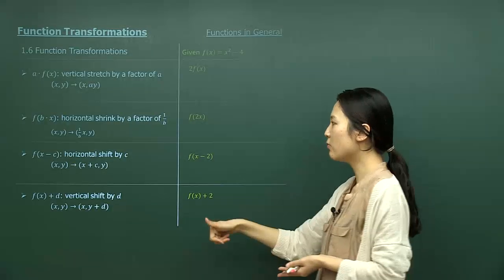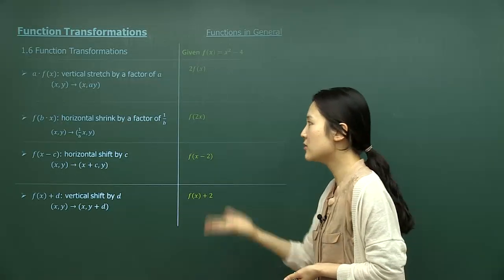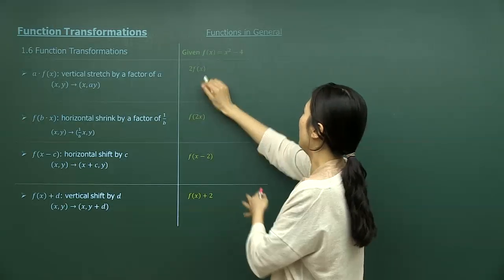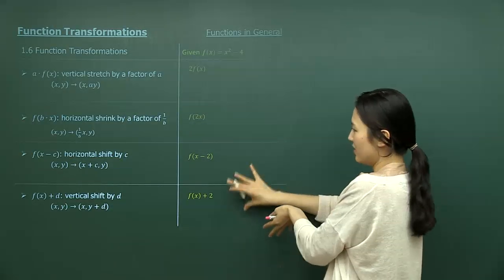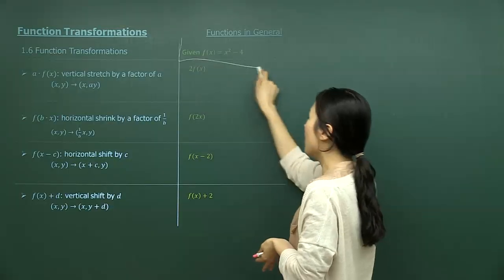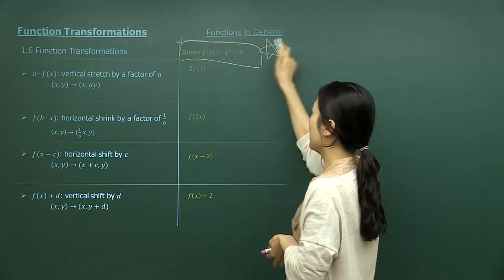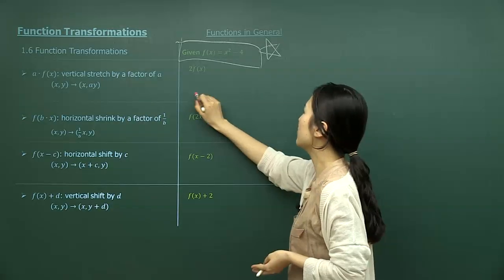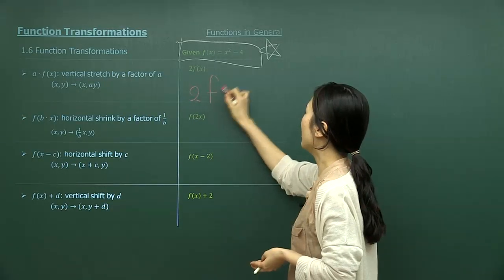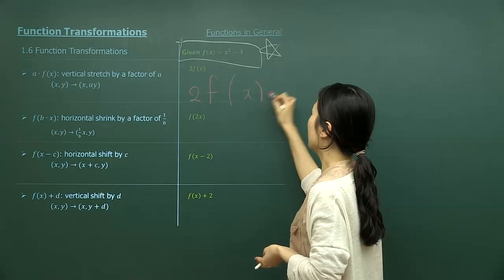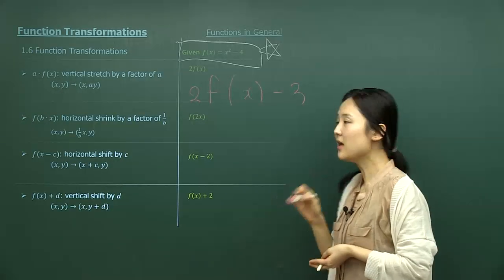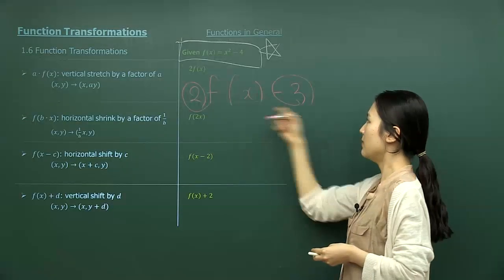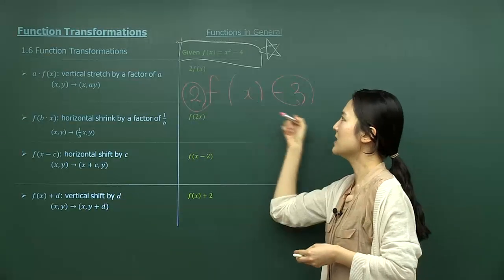So okay, before we move on to the next section, why don't I just show you what you need to do when they're mixed up. I know I changed my function for the last two, but let's go back to what we initially started off with. So consider this as the function. Now, let's try doing 2 times f of x minus 3, right? So basically, this and this, what kind of transformation is it?